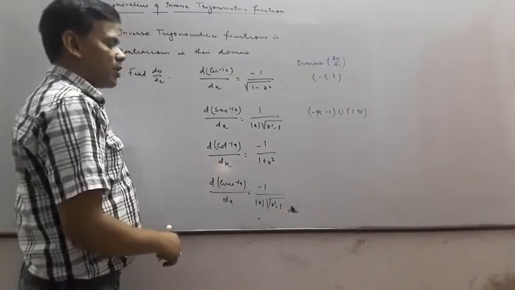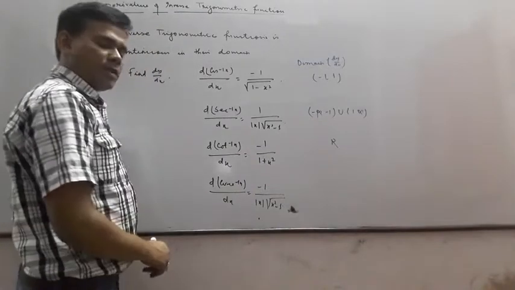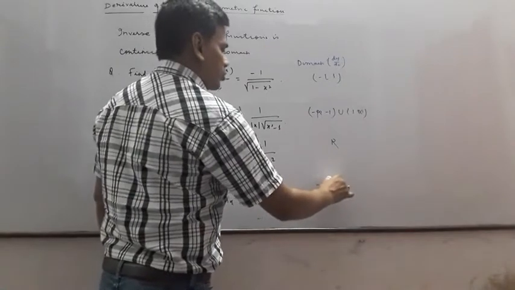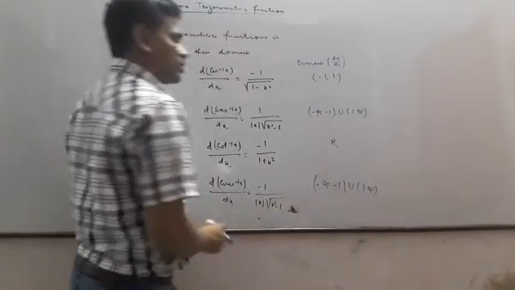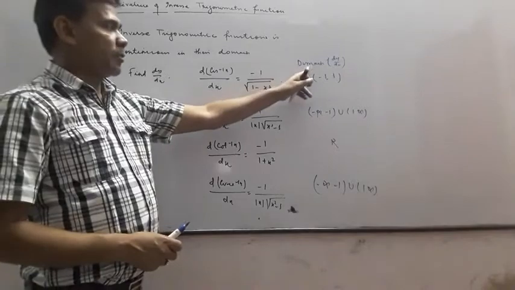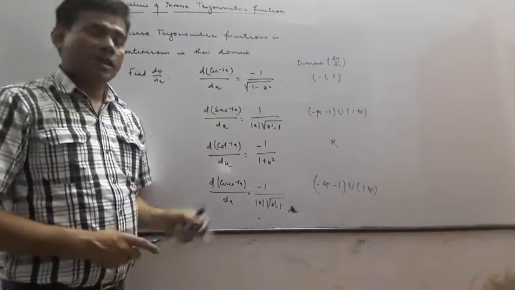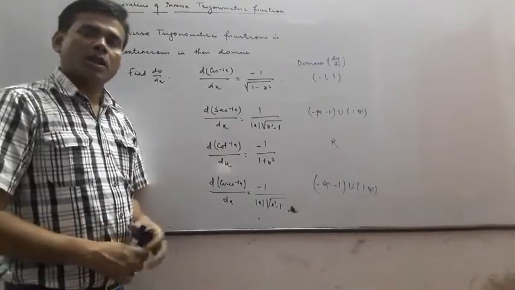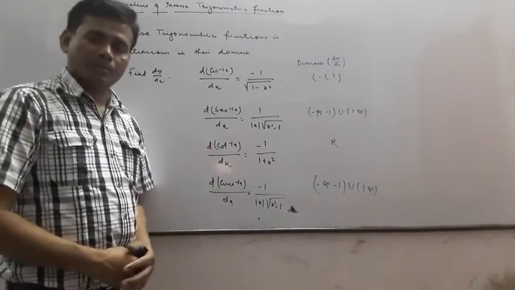Next, in case of cot inverse, it is all the real numbers, and in case of differentiation of cosec inverse x, it is minus infinity to minus 1 and union of 1 to infinity. You will have to learn all these domains of differentiation of the inverse trigonometric functions, because in higher, complex questions, it will be very useful and will help you get the answers in correct form.